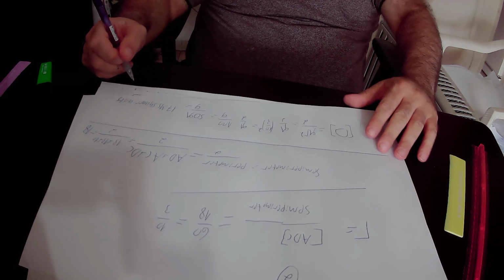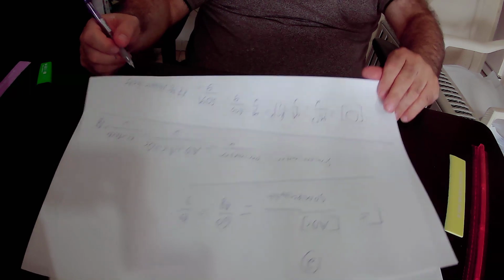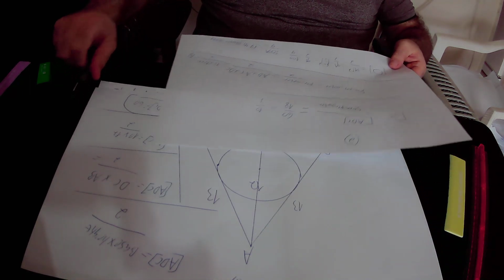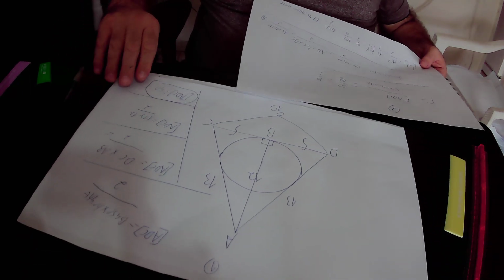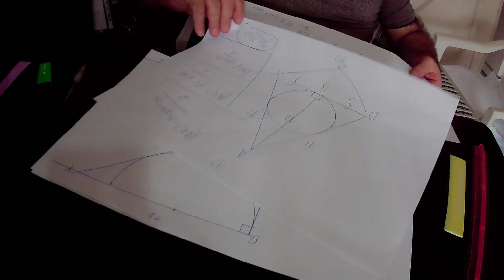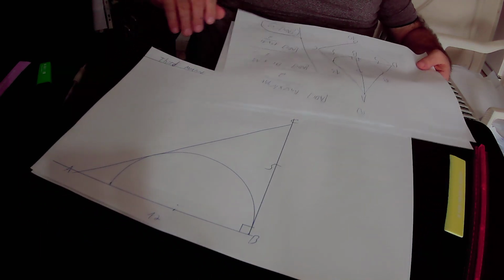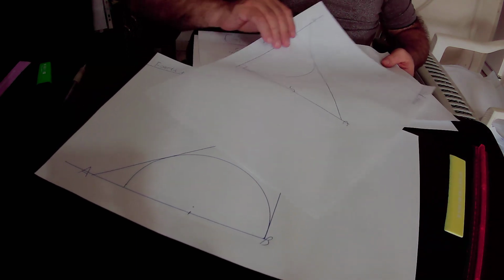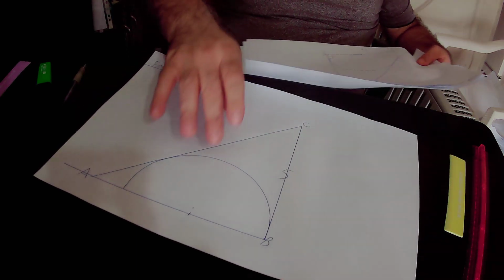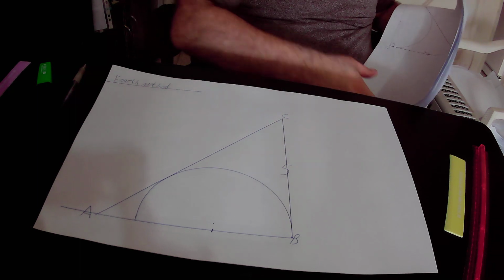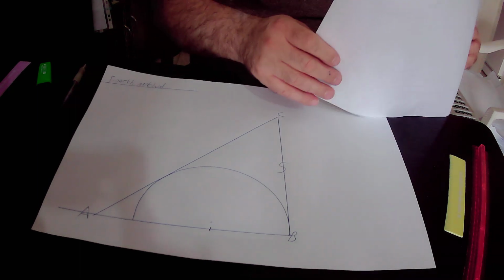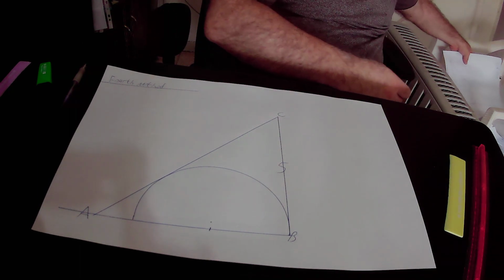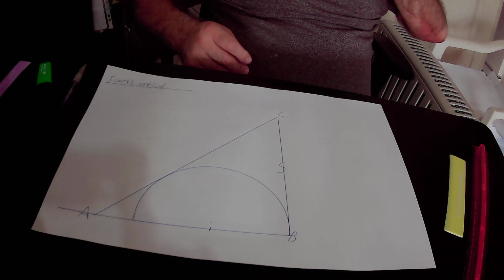We finished with the third method. In the next step, I will present to you how to find the area of this semicircle according to the fourth method.